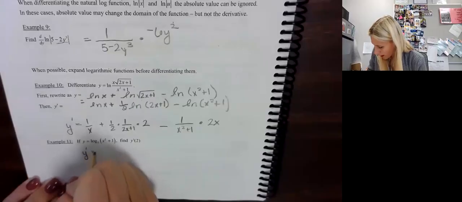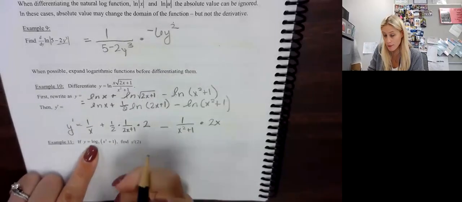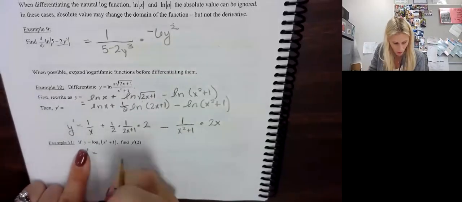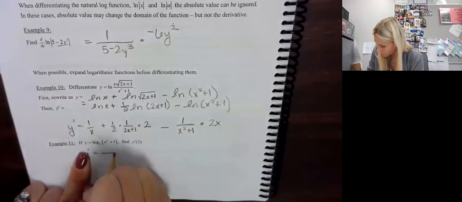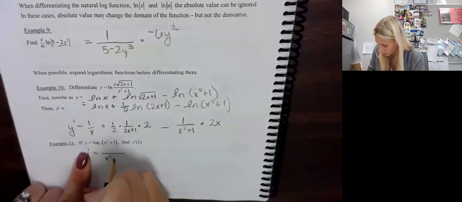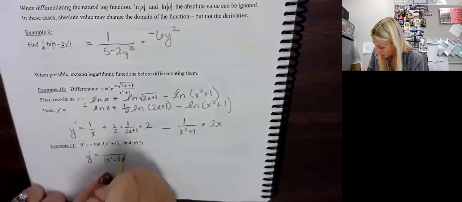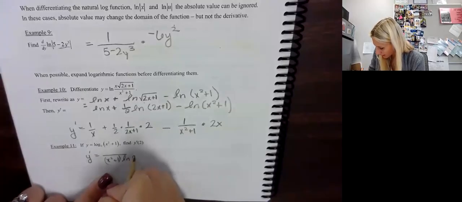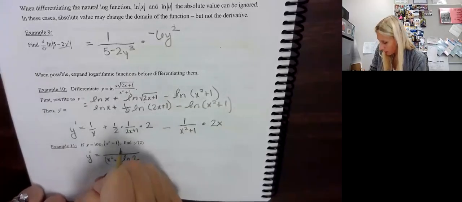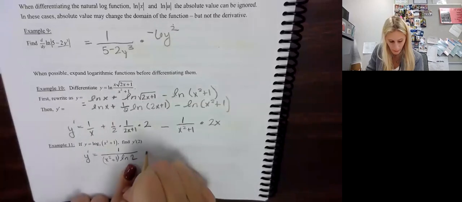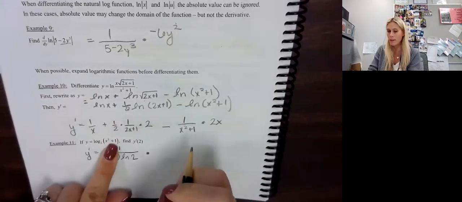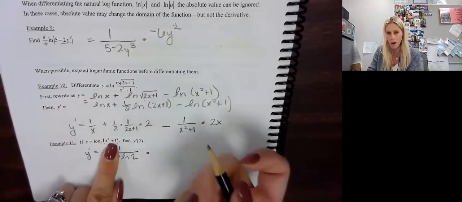So y prime, I'm going to do the derivative of the outside first. So we've got u, which is this x squared plus 1, times ln of a, which in this case is 2. So 1 all over that. And then we need to multiply it by the derivative of the inside, that u prime.